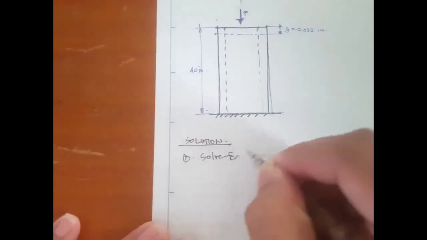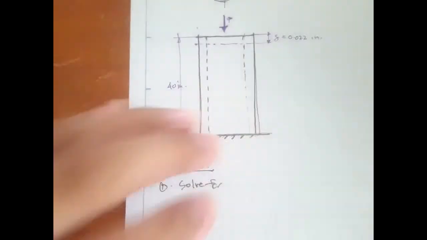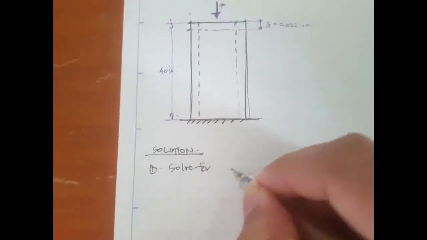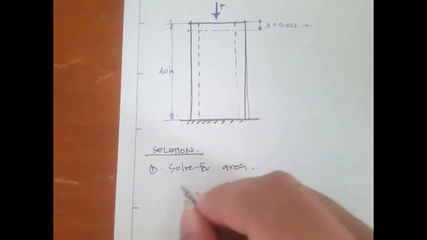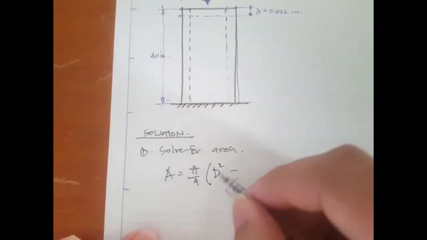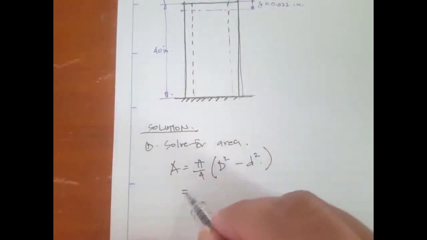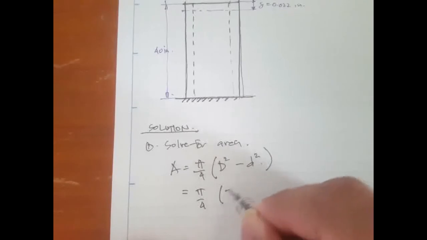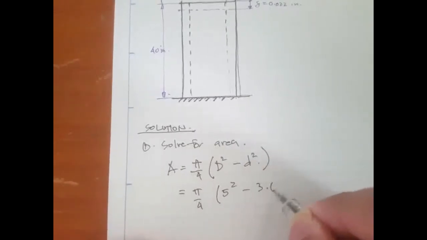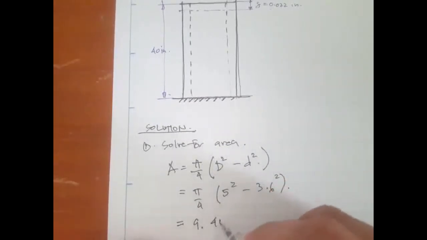The area is simply pi over 4 times the outside diameter squared minus the inside diameter squared. Substituting all the values, we get pi over 4 times 5 squared minus 3.6 squared, which is 9.46 inches squared.